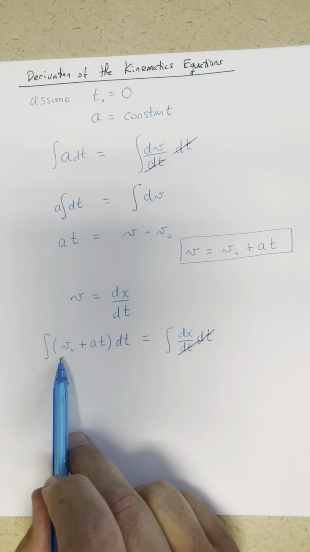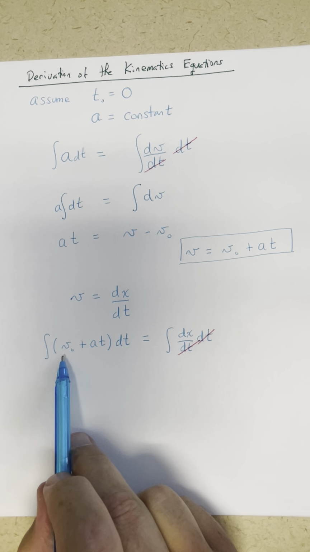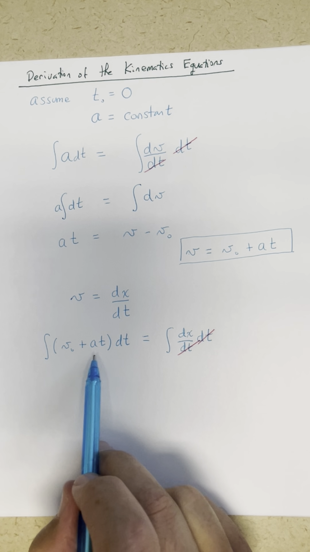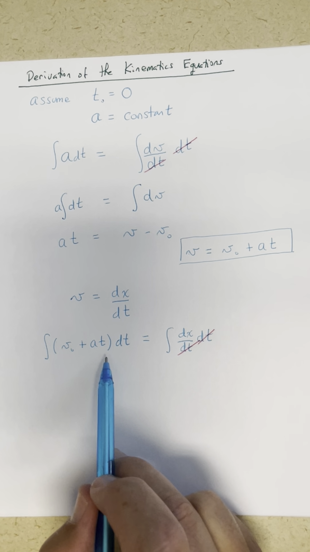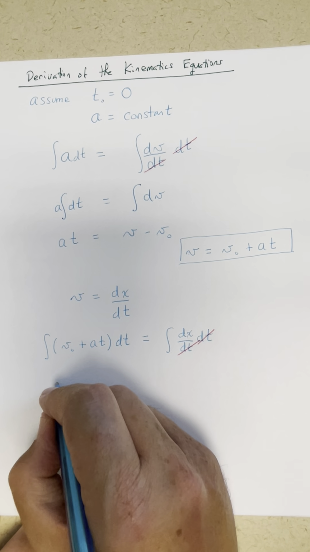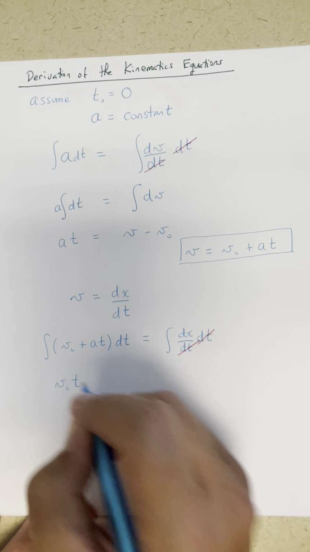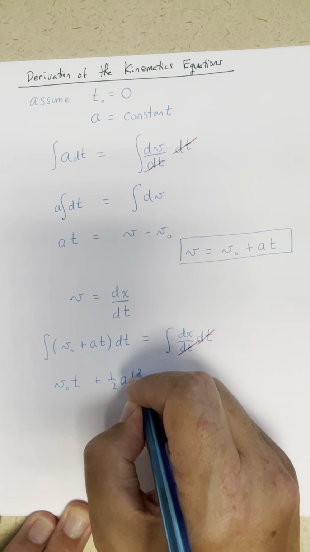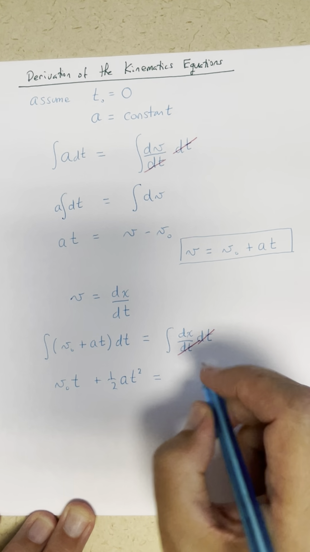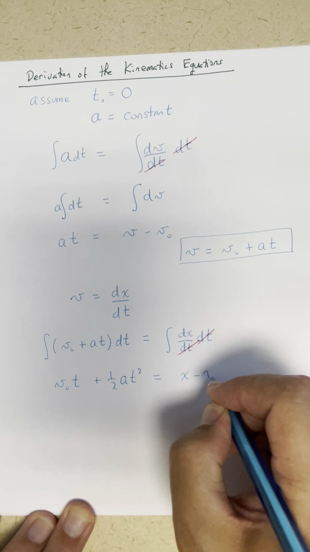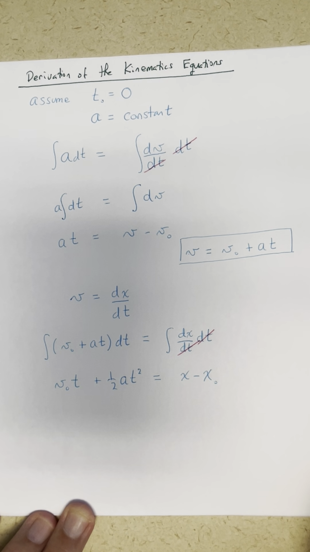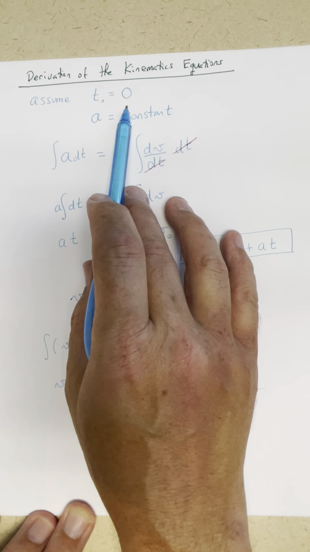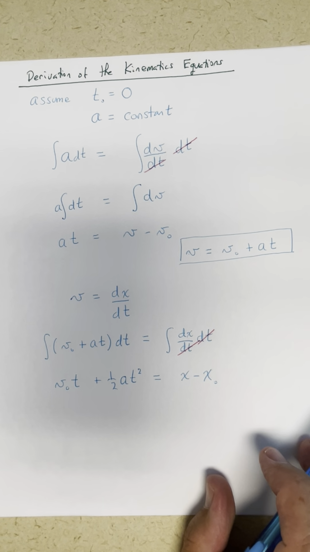So I'll wind up with a term that's linear in time, v0t, and I'll wind up with a term that's quadratic in time, a half a t squared, after I complete this integral. So that's v0 times time plus a half a t squared. It's going to equal x minus x0, the displacement. And remember that we are picking the initial time to be 0, so that term is dropping out in these equations.